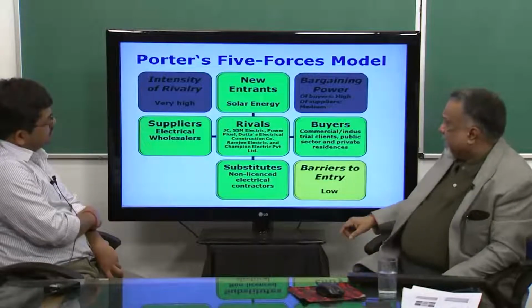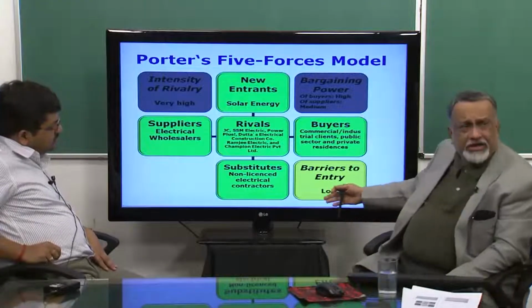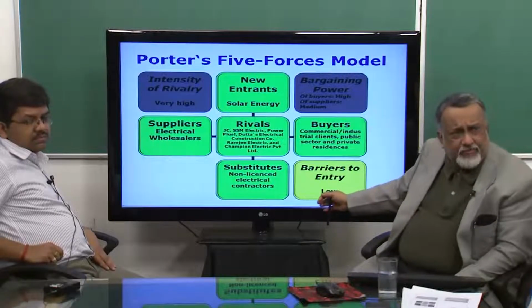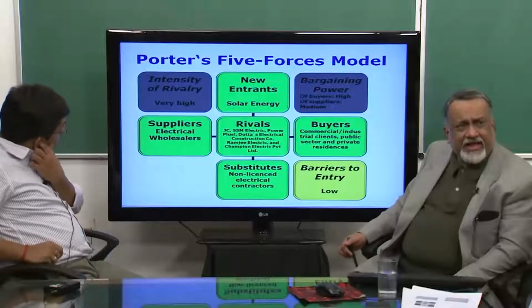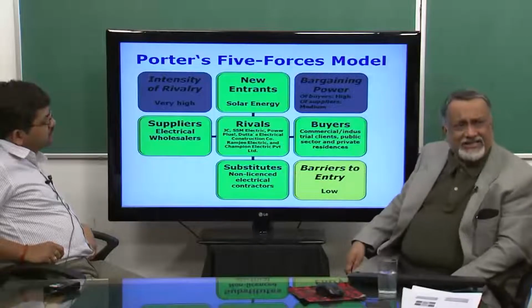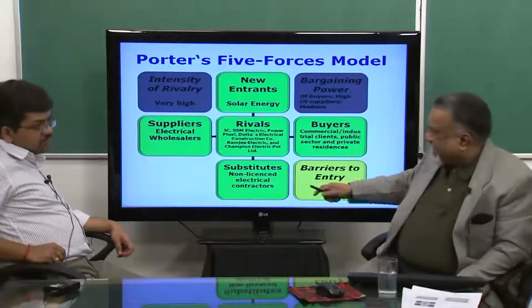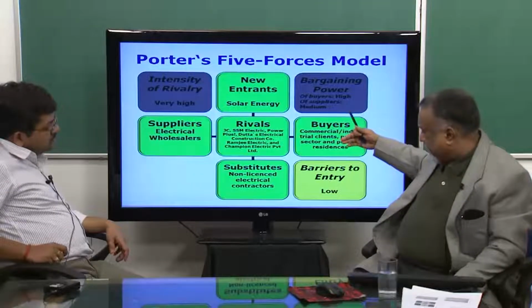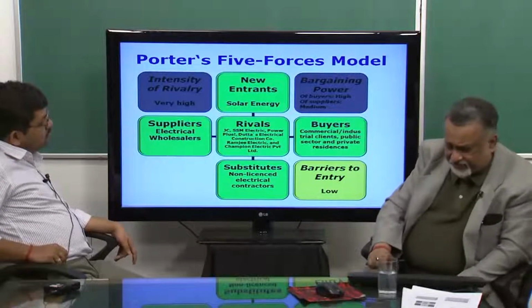And then the barrier to entry is obviously low, because that is the nature of most service industries, and in this particular industry, because there are even unlicensed electrical contractors. And again, as you see, the lower the barriers to entry, the higher will be the intensity of rivalry.